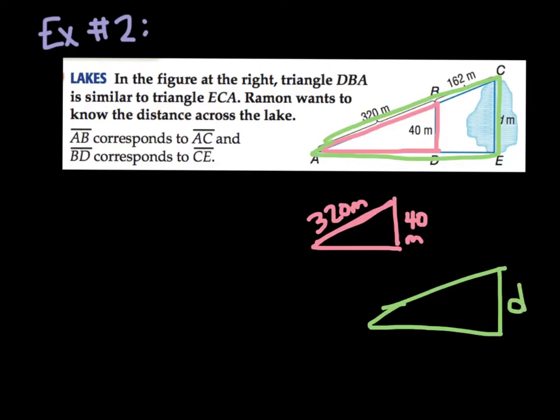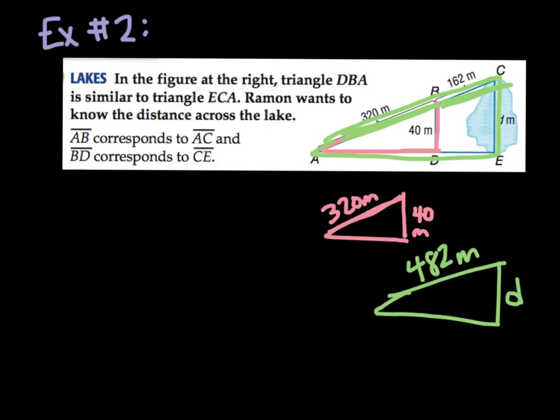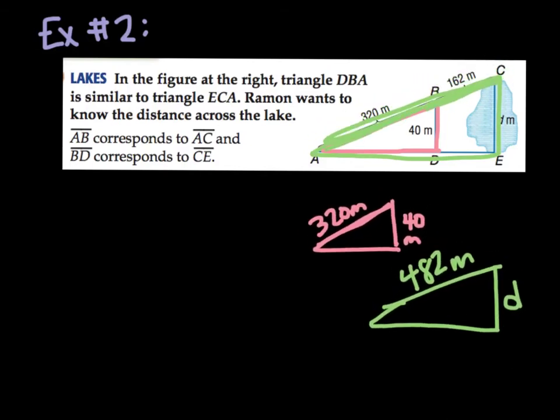This is D, the distance we don't know. And then we have 320 is partially the way, and then the other part is 162, so we actually have to add that together. 482 meters then is the length there. And now we can clearly see our triangles and what length sides correspond with each other.